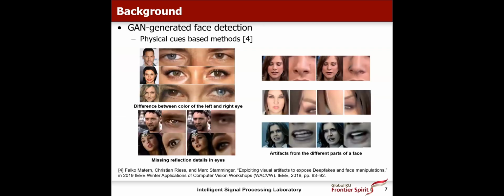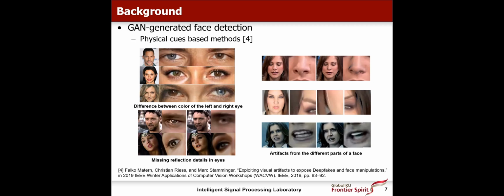So, rather than the irregular shape of the pupil, researchers use different kinds of physical cues to detect fake generated human faces.